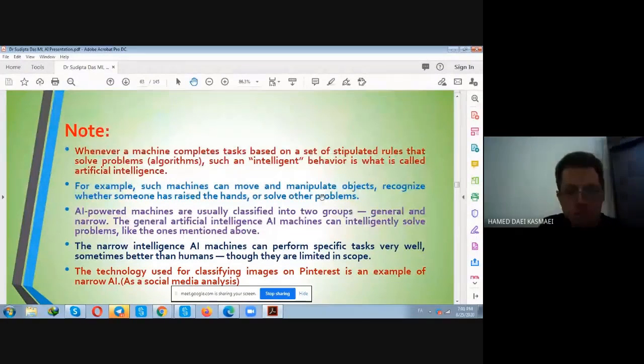The general artificial intelligence machines can intelligently solve problems like the ones mentioned above. The narrow AI machines can perform specific tasks very well, sometimes better than humans, though they are limited in scope. So the technology used for classifying images on Pinterest is an example of narrow AI, as is social media analysis.